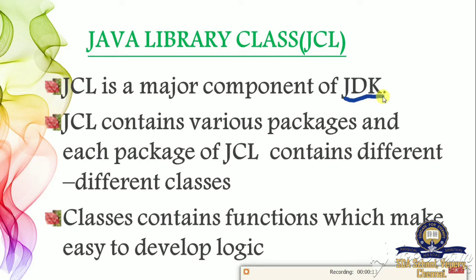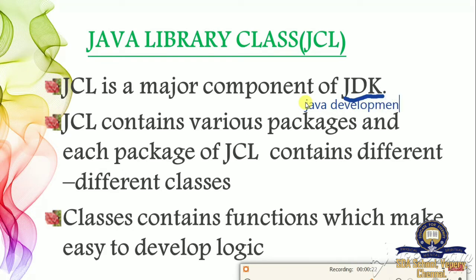It means Java Development Kit. So JDK is used to develop all the keys and all the functions of Java. It's for developing particular applications in Java. So JDK is required. So JCL is a major component of JDK.